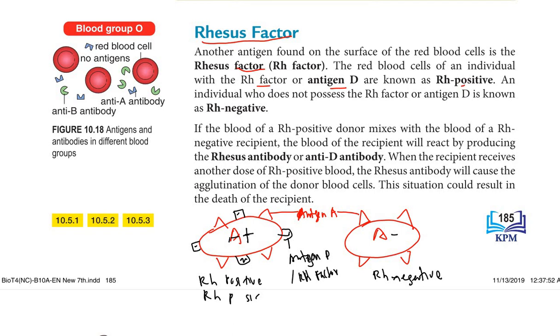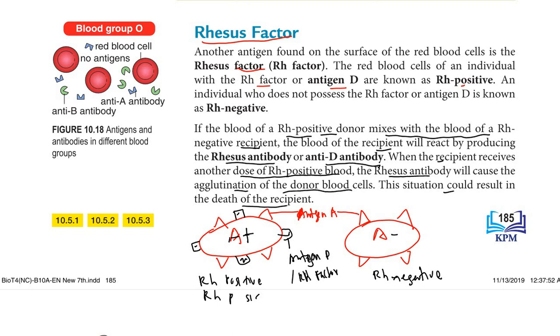If the blood of an Rh positive donor is mixed with the blood of an Rh negative recipient, the blood of the recipient will react by producing the rhesus antibody or anti-D antibody. When the recipient receives another dose of Rh positive blood, the rhesus antibody will cause the aggregation of the donor blood cells. This situation could result in the death of the recipient.